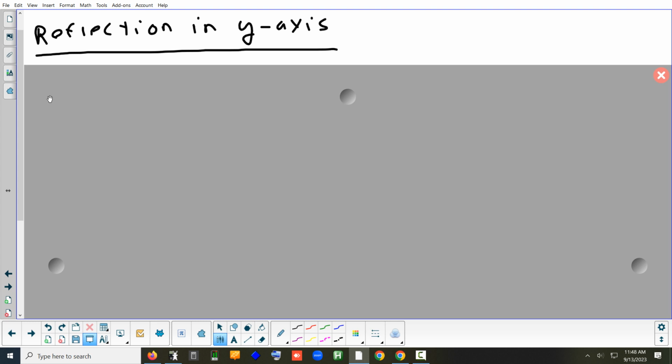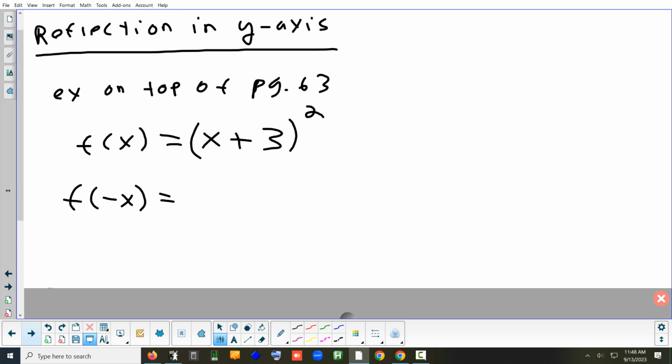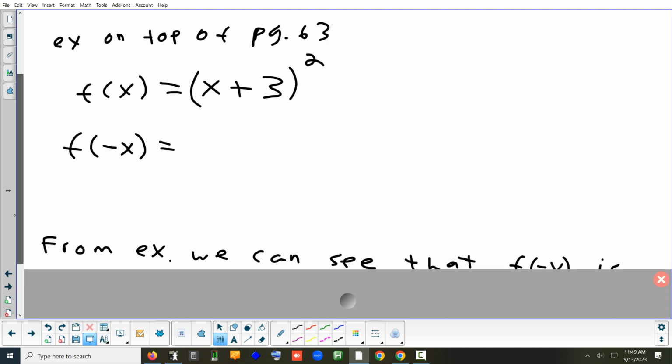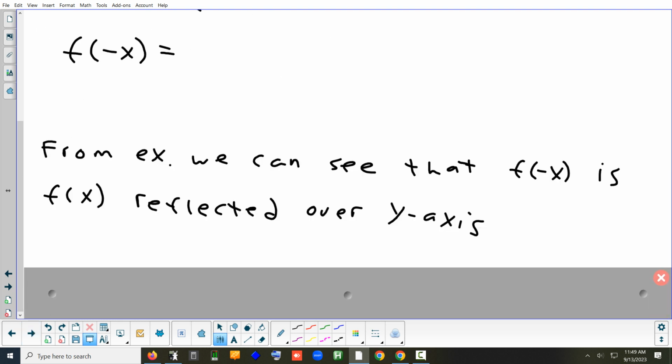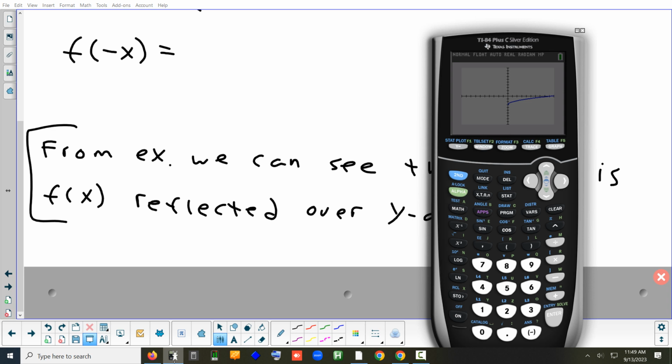When you reflect a parabola that's on the y-axis horizontally, you can't even tell you did it. So we didn't really talk about reflecting in the y-axis. But that's what I want you to write down. If you make the x a negative in a problem, that will cause an image to be reflected over the y-axis.